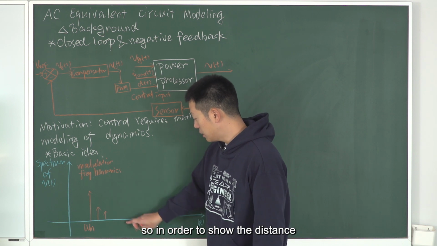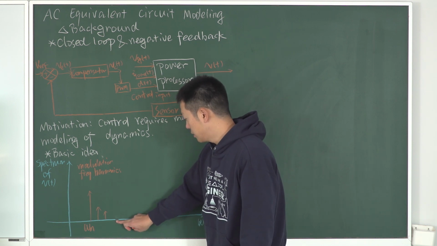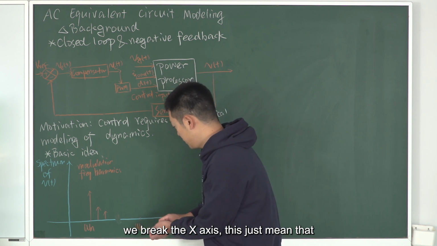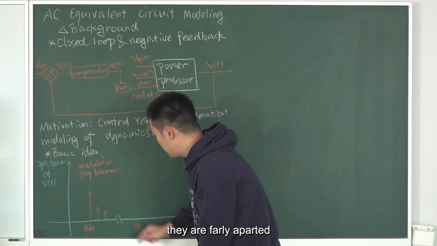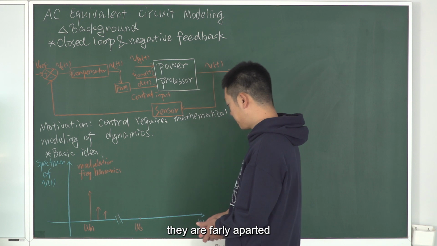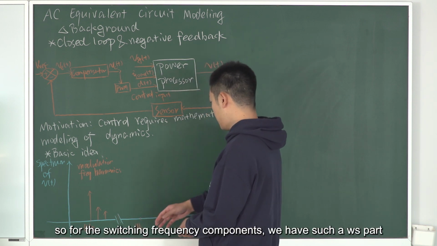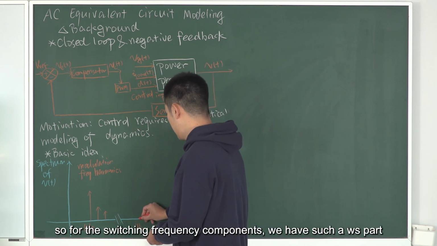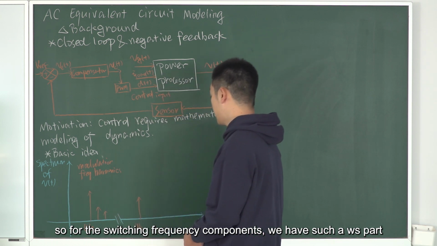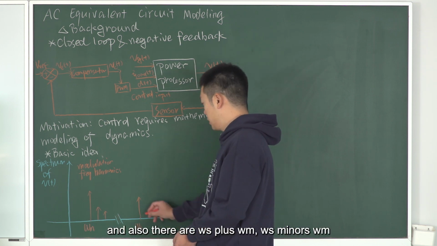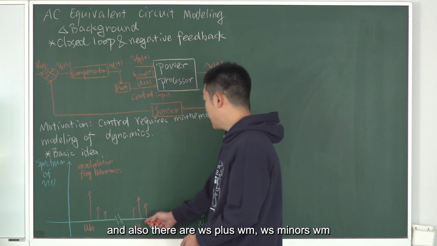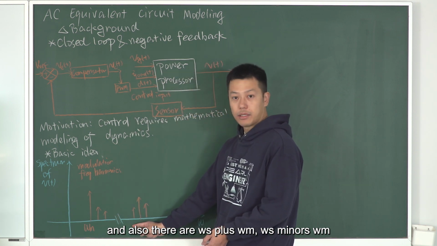So in order to show the distance, we break the x-axis. This just means that they are far apart. For the switching frequency component, we have such an omega s part, and also omega s plus omega m and omega s minus omega m.